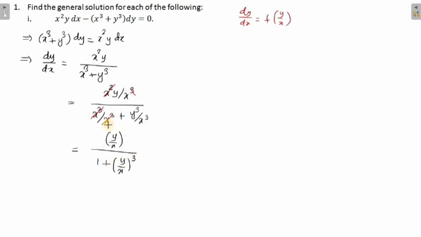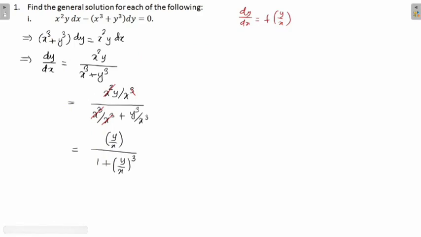Now see, this right hand side is a function of y by x, isn't it? I don't have anything apart from y by x as the variable. So we have got dy by dx as a function of y by x. That means it is a homogeneous equation, isn't it? Now as per the rule, we need to do some substitution.